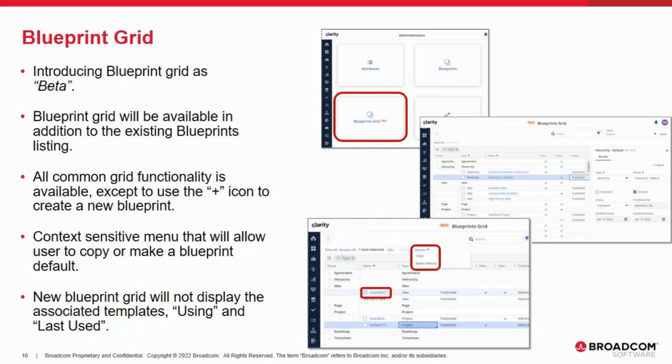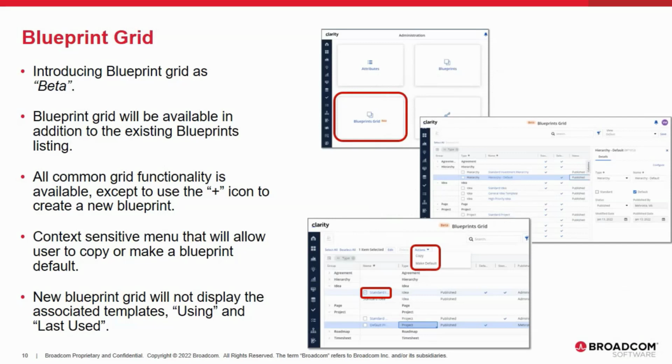The user has the ability to view all those blueprints using the common grid functionality, where they can see the different columns and the data for those. They can group those values. They can add or remove the different data points, which are the columns, or use the flyout to see additional information, as well as save different views.